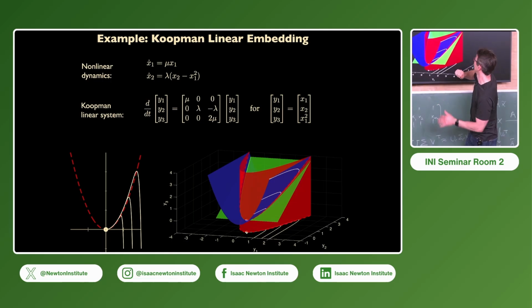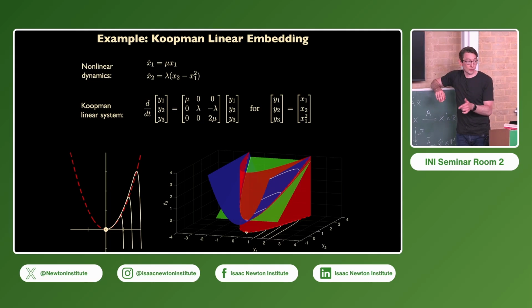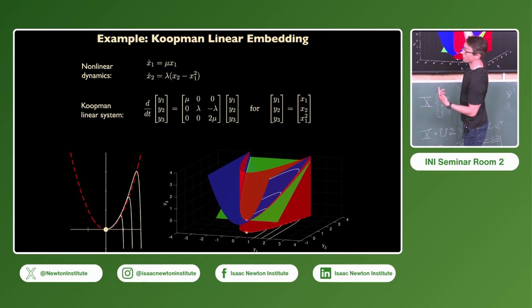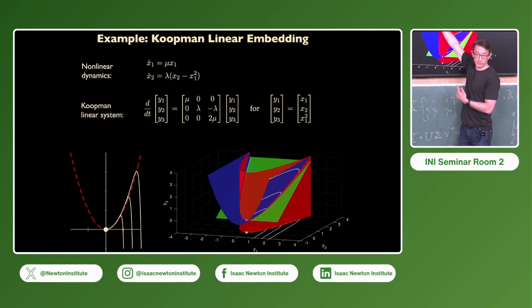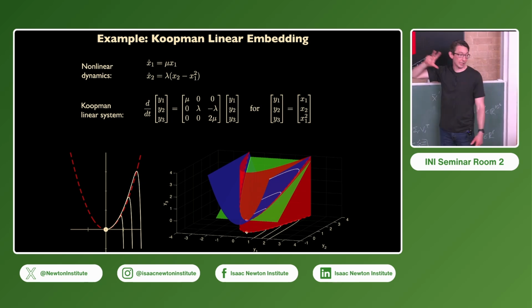Now let's see what happens when we differentiate y3. The derivative of x1 squared is 2 x1 x1 dot. 2 x1 x1 dot is 2 mu x1 squared, which is 2 mu y3. That's honest to goodness linear. Every single term here is linear. Good. And this is the phase portrait in that three-dimensional y space.